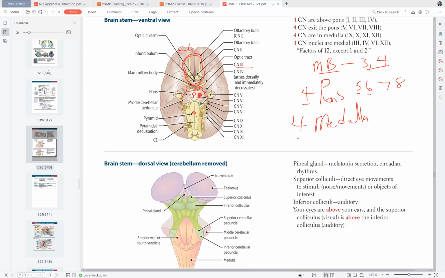So 6 from medial to lateral: 6, 7, and 8. So we finish with the midbrain and the pontine ones, 6, 7, 8.